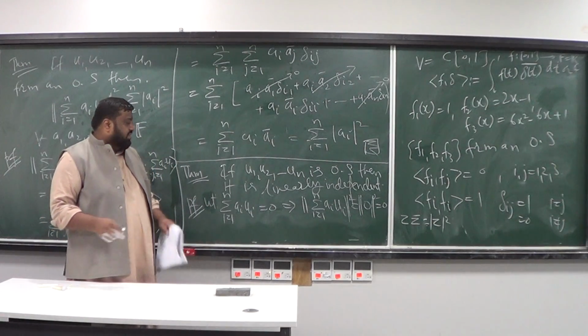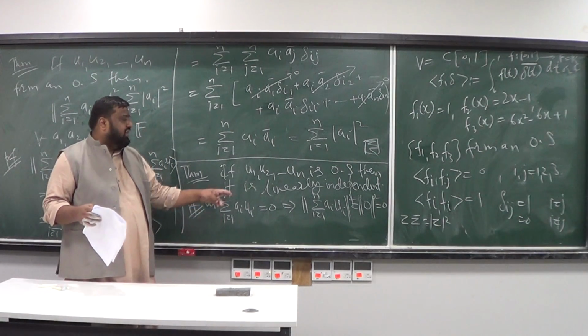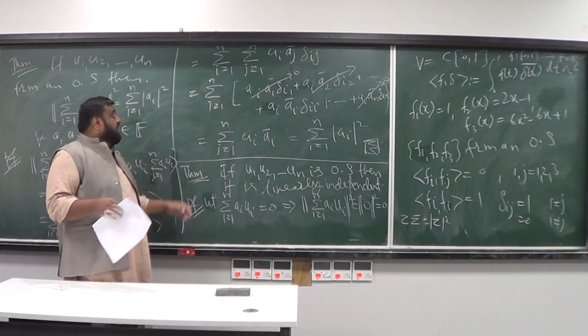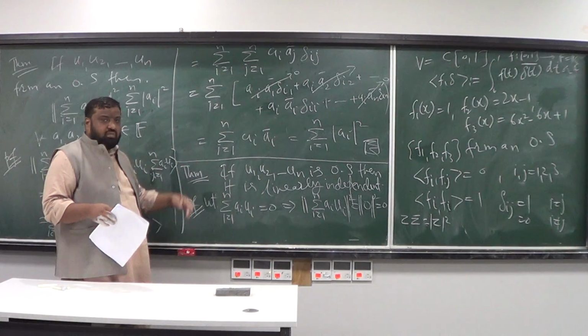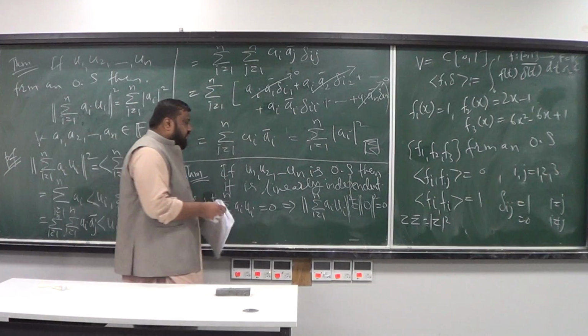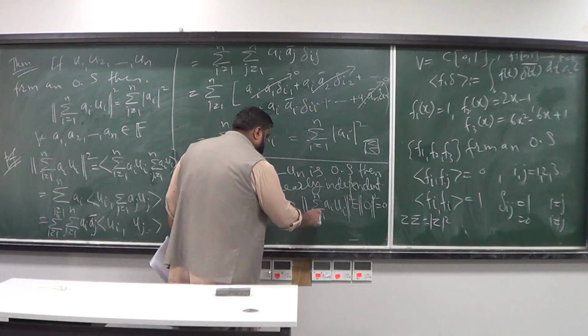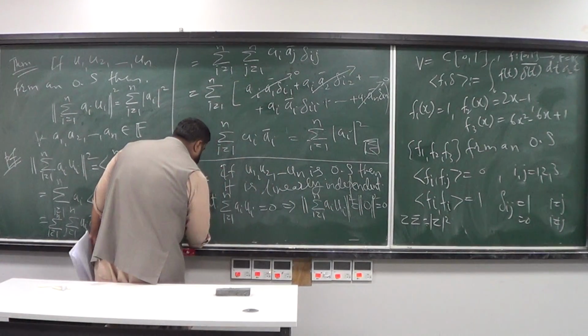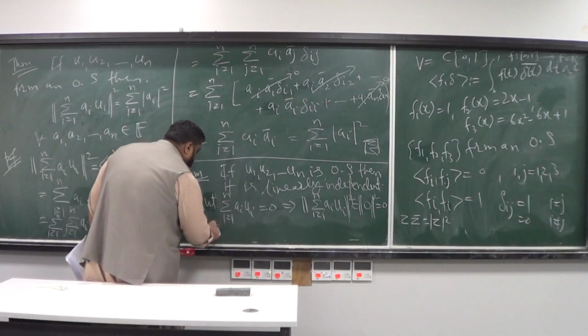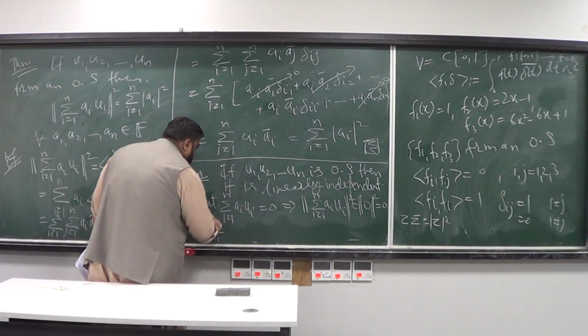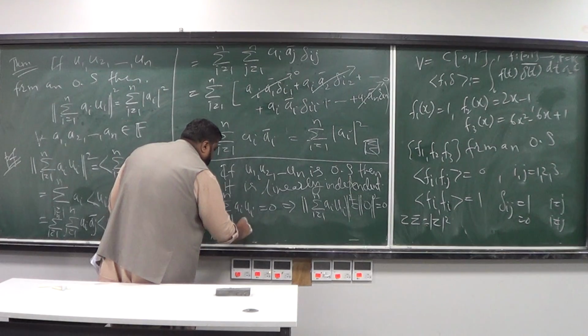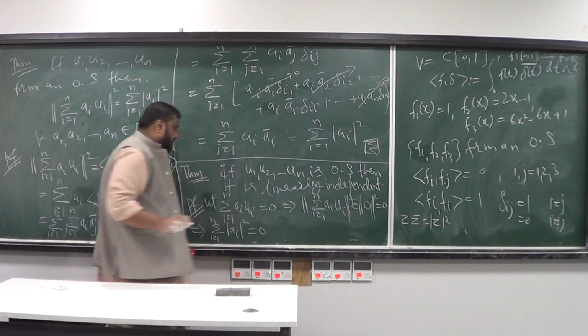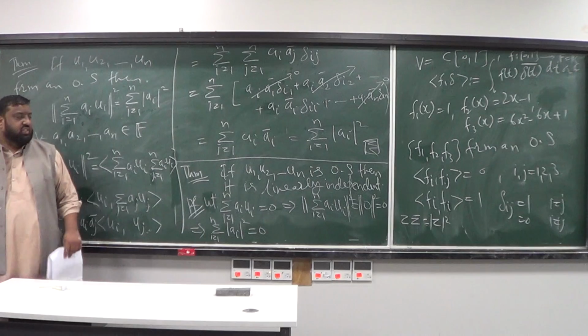So what I did is just take magnitude squared on both sides. Then by this Pythagorean theorem, the result that we proved, this identity gives the sum from i equal to 1 to n of the magnitude of ai squared equal to 0. This is what you're going to get.